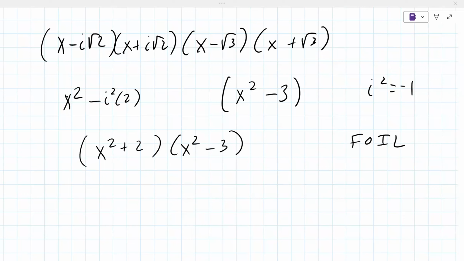You have an answer for me for this? I got a little bit stuck. We're just foiling here. X to the fourth minus 3x squared plus 2x squared minus 6. Okay, that makes more sense.